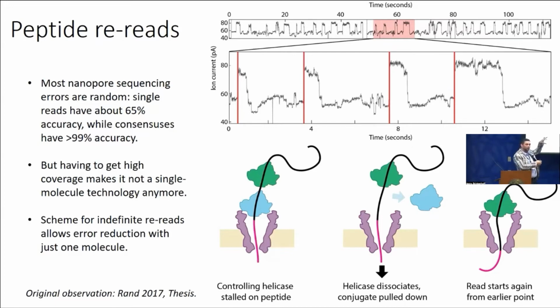That triggers the whole thing to be pulled all the way back down, and then you just restart the read from an earlier point. And so using this, just by increasing the helicase concentration or maybe the length of the free DNA, you can get almost indefinite numbers of rereads of a single molecule that are non-destructive. So you can just read it over and over again.